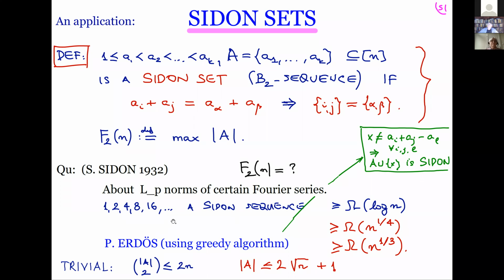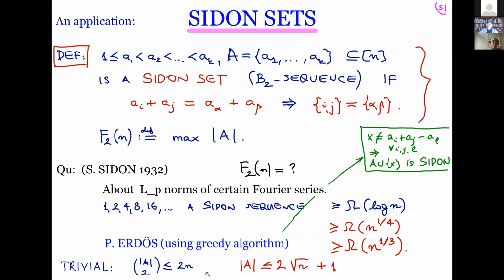And as Paul Erdős mentioned in many of his talks, when Sidon told him that he was able to construct a large Sidon set of size at least n to the 1/4, then he immediately constructed, just using the greedy algorithm, a Sidon set of size n to the 1/3.